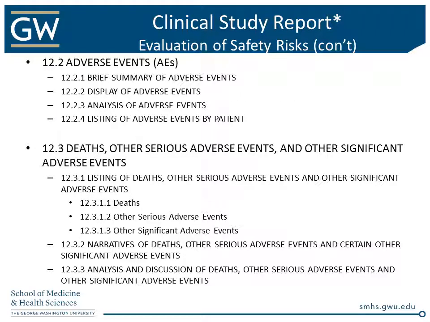ICH E3 also suggests that Section 12.2.3, Analysis of Adverse Events, is for relevant discussions on the analysis of adverse events, such as discussions on adverse events occurring during the treatment phase of a protocol, including but not limited to the most frequently reported adverse events, comparisons of adverse events across treatment groups, and whether there were any dose-related trends in type or frequency of the adverse events.